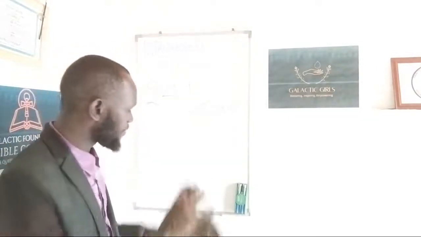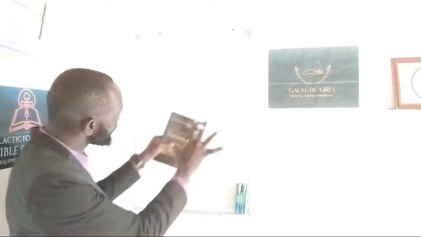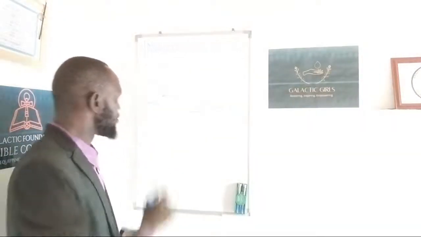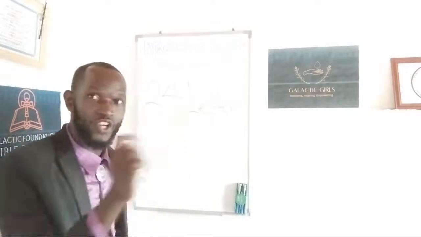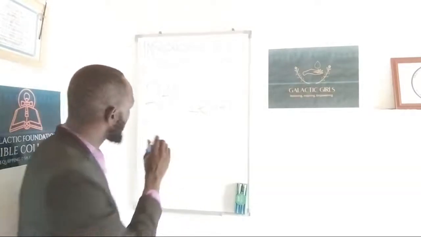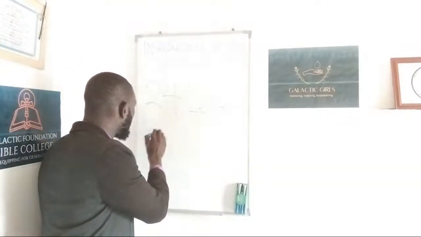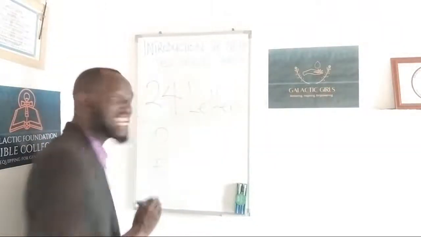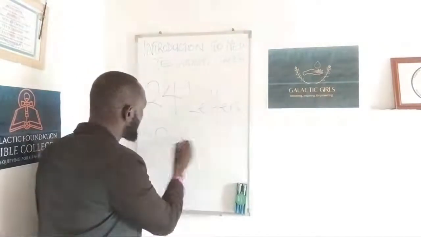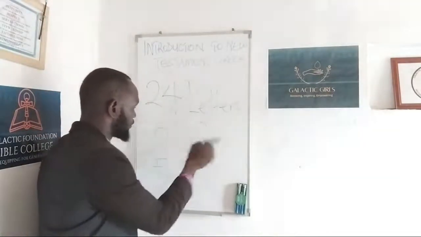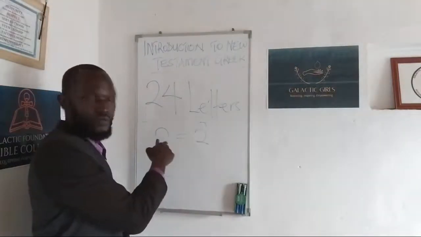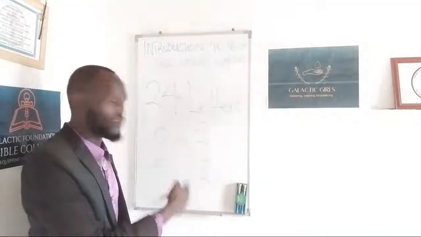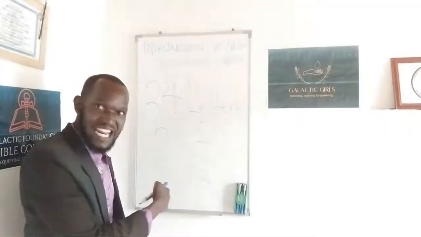For example, before we begin looking at the first letter, you will discover along the way that where there's the English equivalent of o and the English equivalent of e, Greek has two different letters equivalent to o, and two different letters equivalent to the English e.